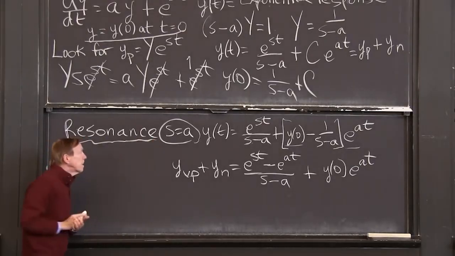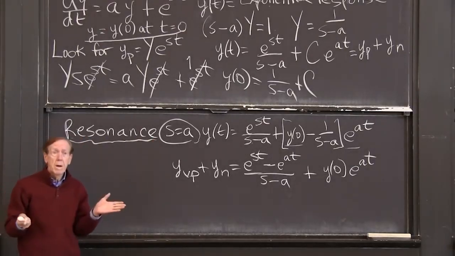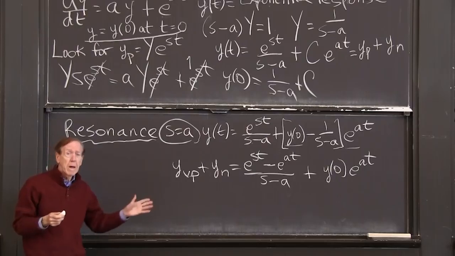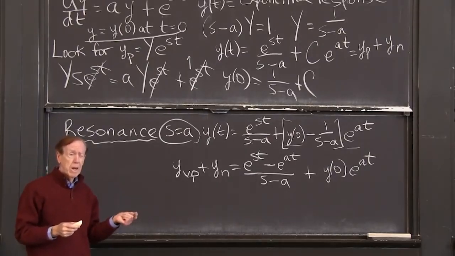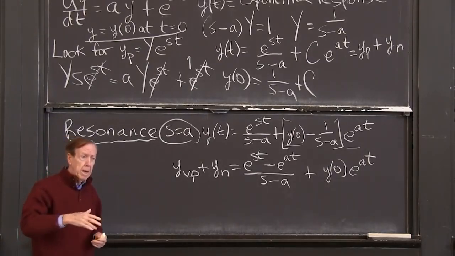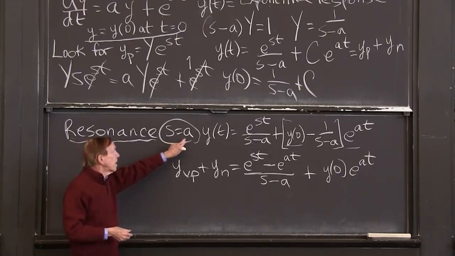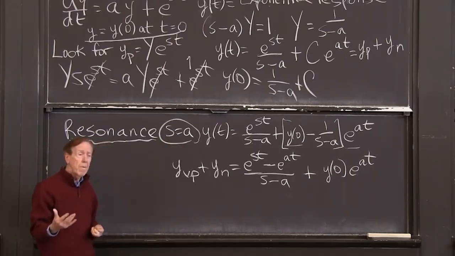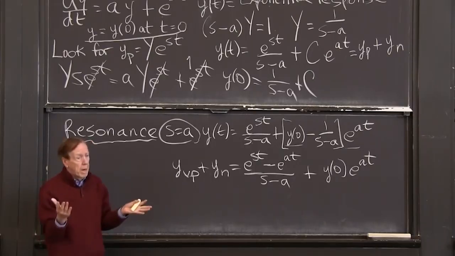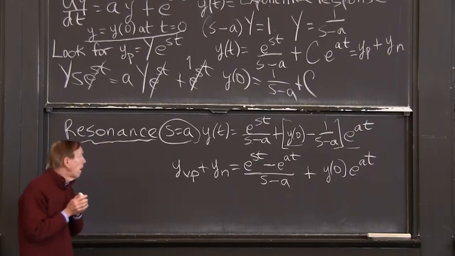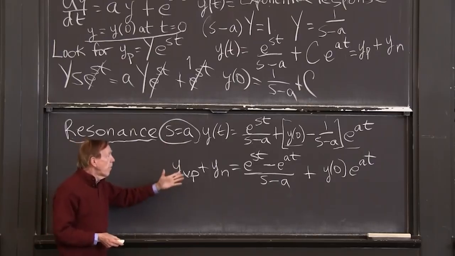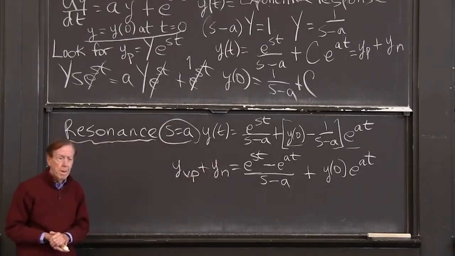That's resonance. And we always have to expect that that's a possibility, that we're putting money in at the same exponential as the natural growth of the money, or whatever we're growing, and our formula has to change.